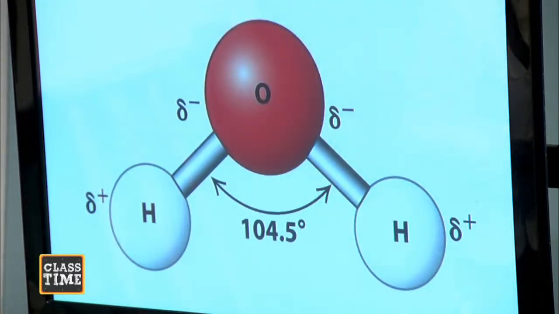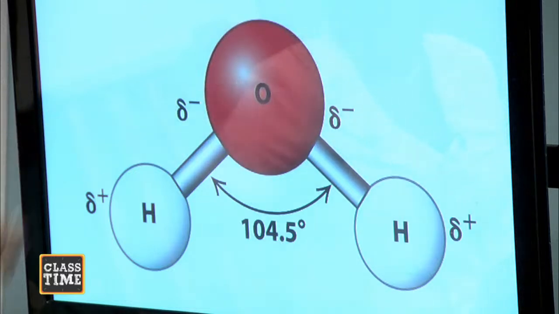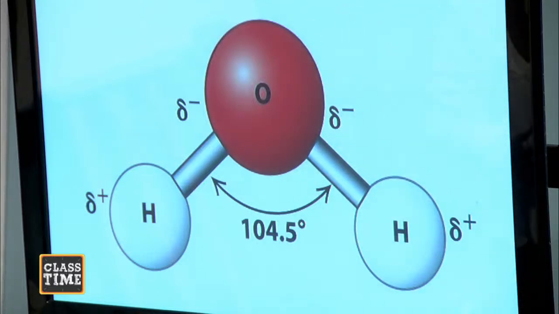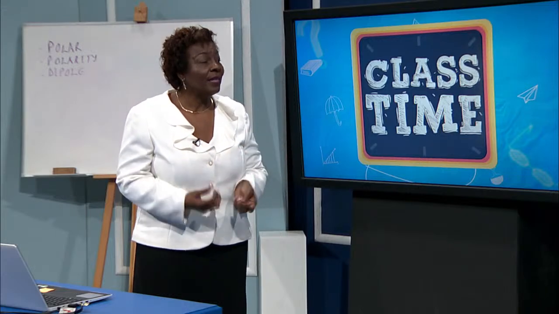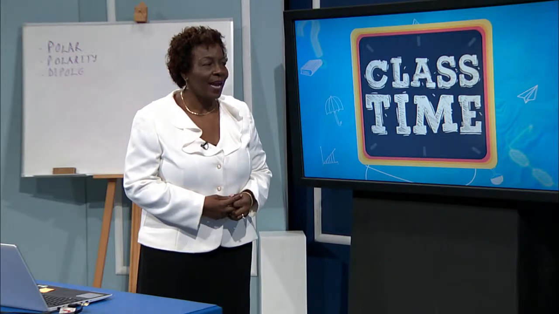But in addition to that, you will notice that the oxygen atom bears what we call a slightly negative charge. And that is represented by the symbol delta. So you have delta minus representing the slightly negative charge on the oxygen atom.